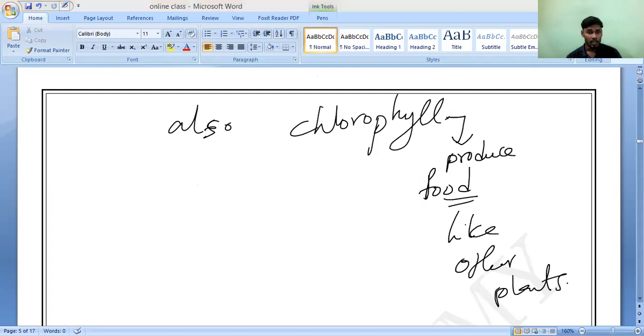That is what you have to remember. This algae has a green pigment which carries out the photosynthesis reaction like other plants, and they also synthesize food by the process of photosynthesis.